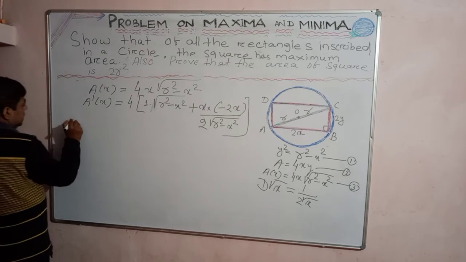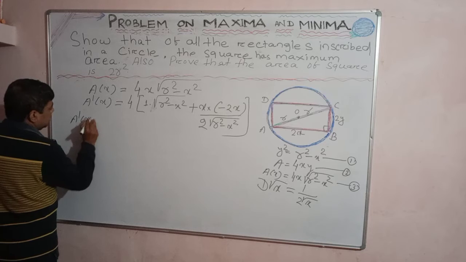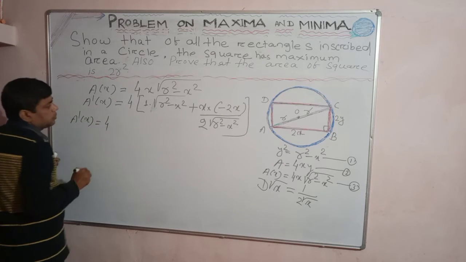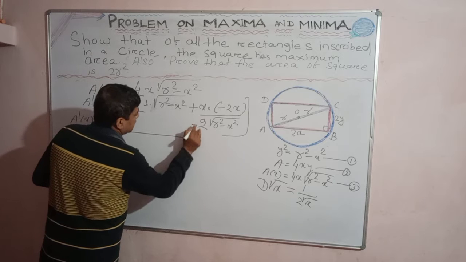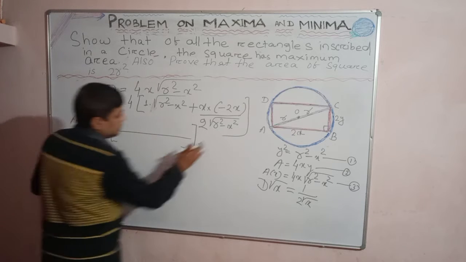Now you see A dash x equals 4. Let us simplify.